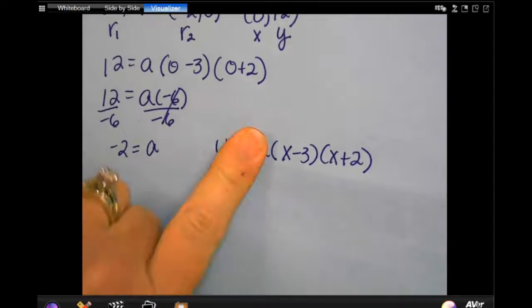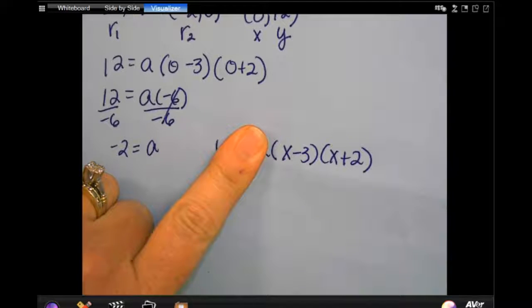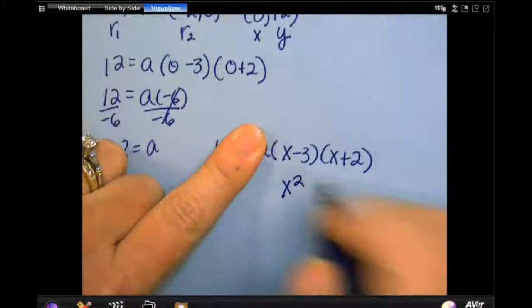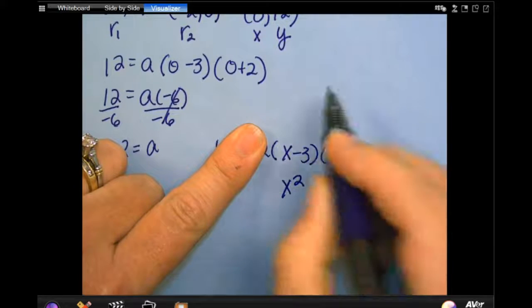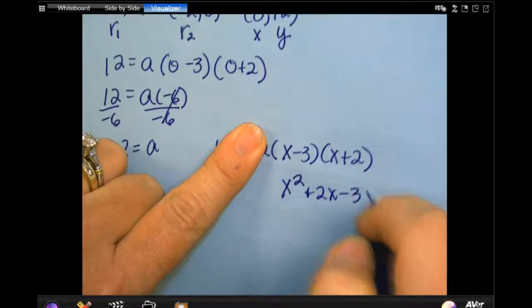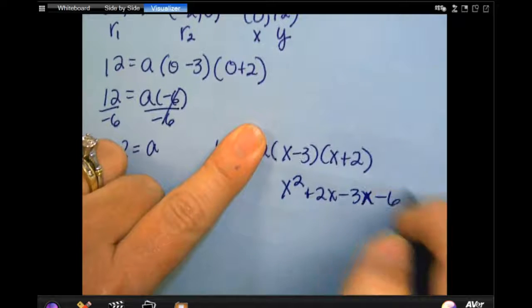Let's leave the negative 2 for last. Can we multiply these out? Do you all remember how to do that? So we take x times x, and I get x squared. And then we get plus 2x minus 3x minus 6.